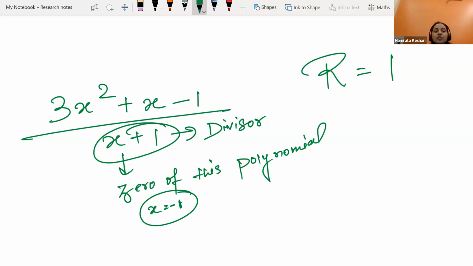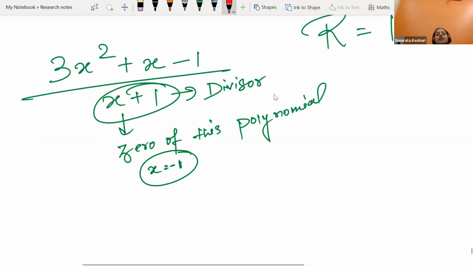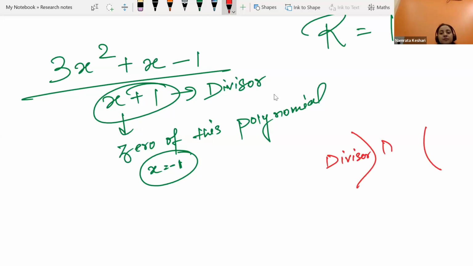If this x value which you got from your divisor, if you put this x value in the dividend, what is the dividend? If you are doing the division like this, this part is the divisor, this part is the dividend. Here we write the quotient and here we write the remainder. So if you put this x value in the dividend, you will get the remainder directly.